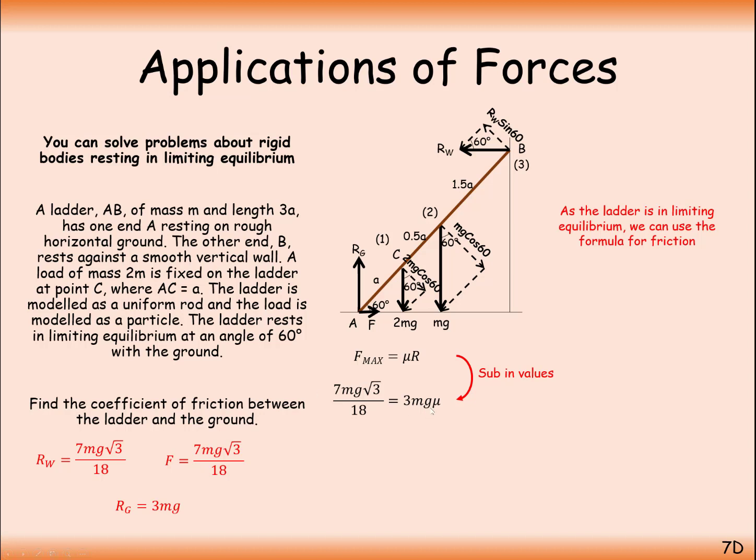Alright, then we've got to isolate mu. Now if we divide out by 3 mg, we can cancel out that. Alright, we should be happy with this stage. Divide by 3, and we have an answer for mu. Calculate it as 0.22, and we're done.